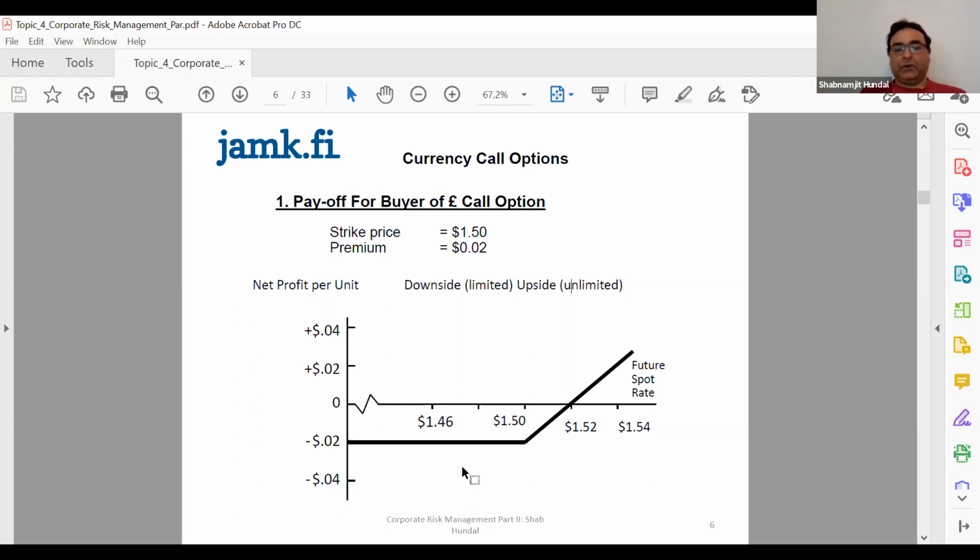It means that you can buy a pound for 1.46 American dollars. Can I ask you, will you exercise the option or will you not?